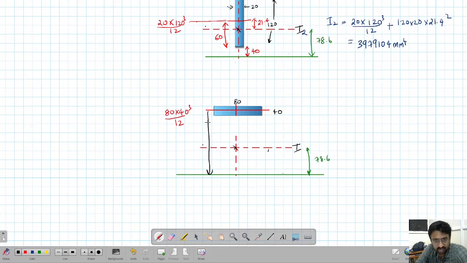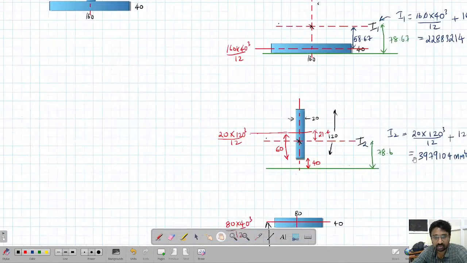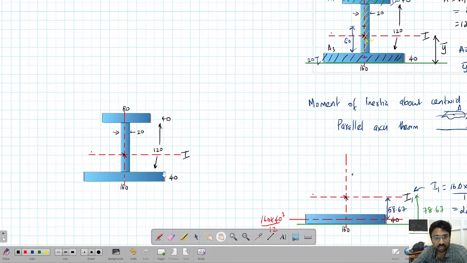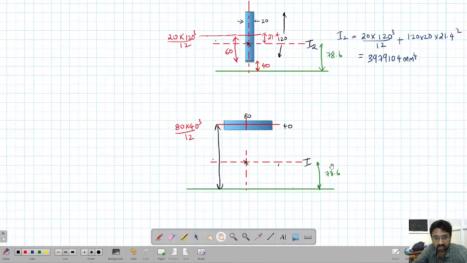It is nothing but 40 plus 120 plus 20. So 40 plus 120 is 160, 160 plus 20 is 180. So this becomes 180 minus 78.6, that is nothing but 101.4.